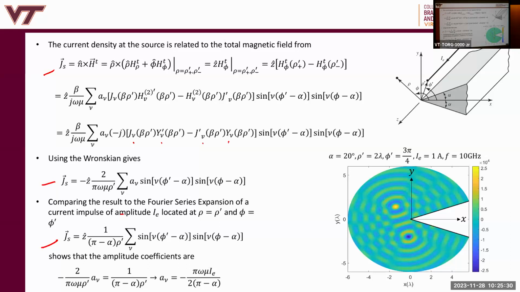If you compare these two, then you can find what alpha n, or alpha nu, is, because the current density here is in terms of alpha nu, but this looks a lot like the Fourier series expansion of a line source, an impulse in cylindrical coordinates, which has this expression. Therefore, we can find the coefficients to be this.